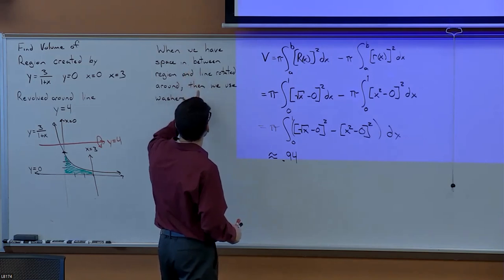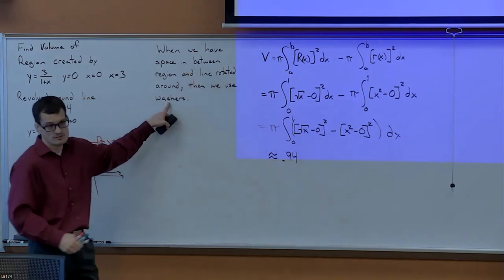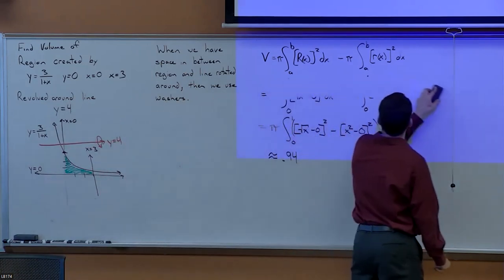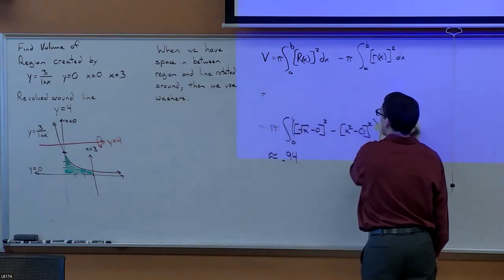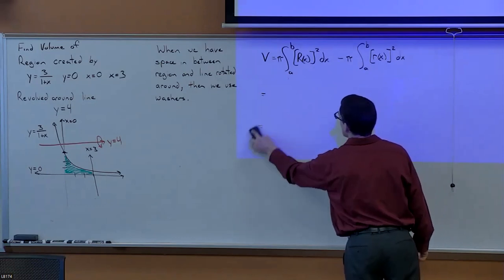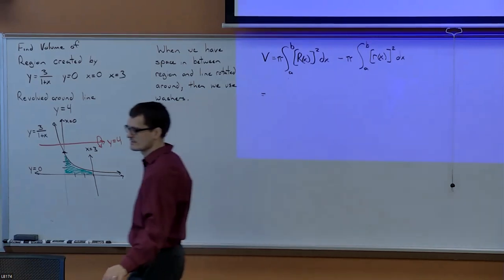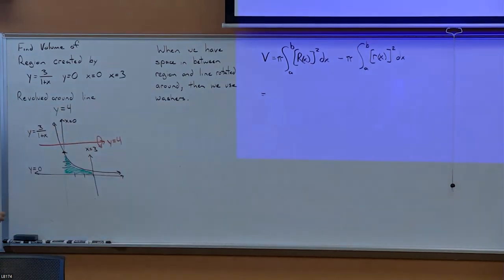So we're still using the washer method. We're going to use washers, which tells me I need to do disk method minus another disk method. Oh, and I should have drawn this, but I did not.